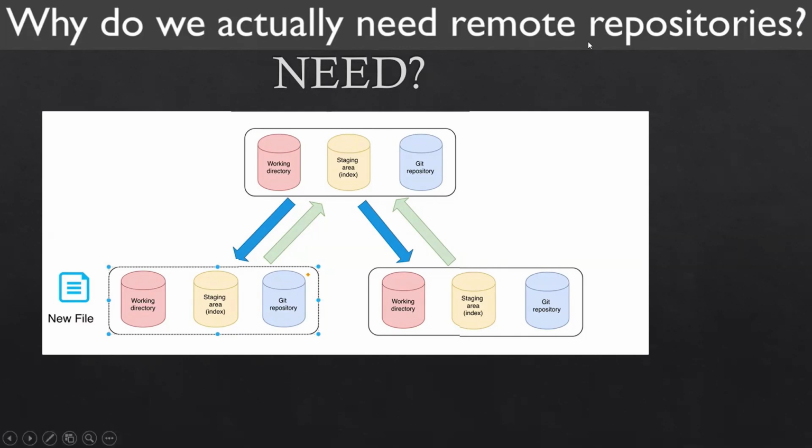So the first question that arises is the need for remote repositories. If we store the files in our local repository and then reset the laptop, the repositories which we stored will vanish. When the laptop is opened again after the reset, we can't access the files which we stored in the local repository.